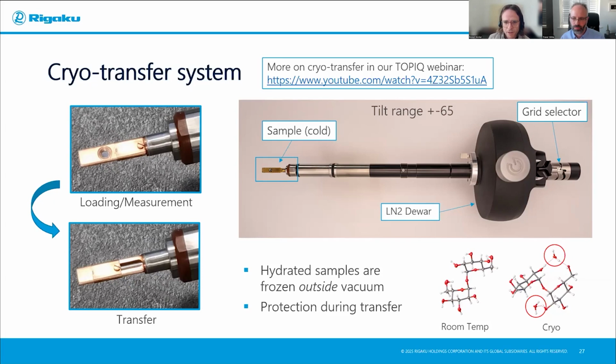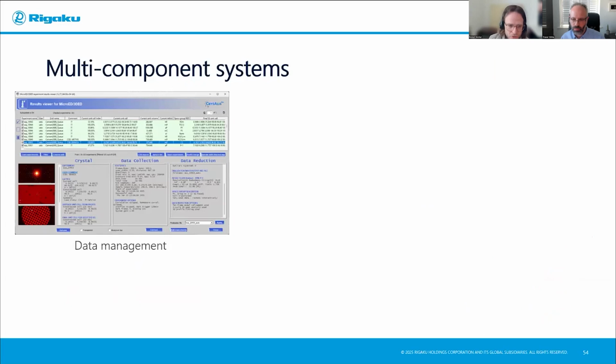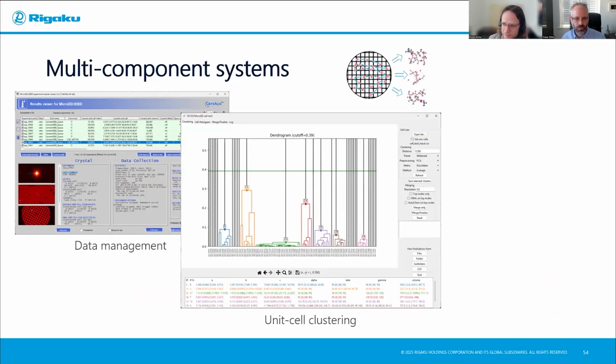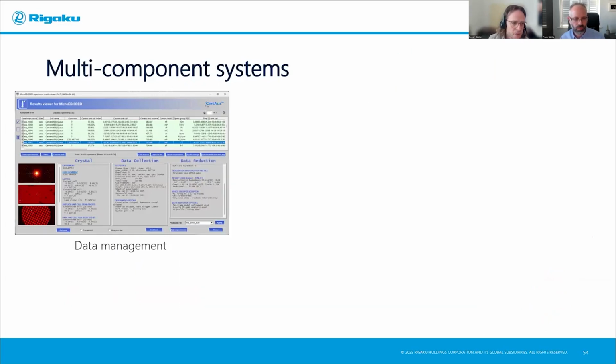That's enough. For triclinic data, what you will usually need to do is to merge data from various crystals with slightly different orientations. We have tools for that. This is actually a slide I was going to show later on, but it illustrates that, I think, the best. We have data management tools where if you collect from many crystals, you just see what you did. You see the unit cells to check them for compatibility.